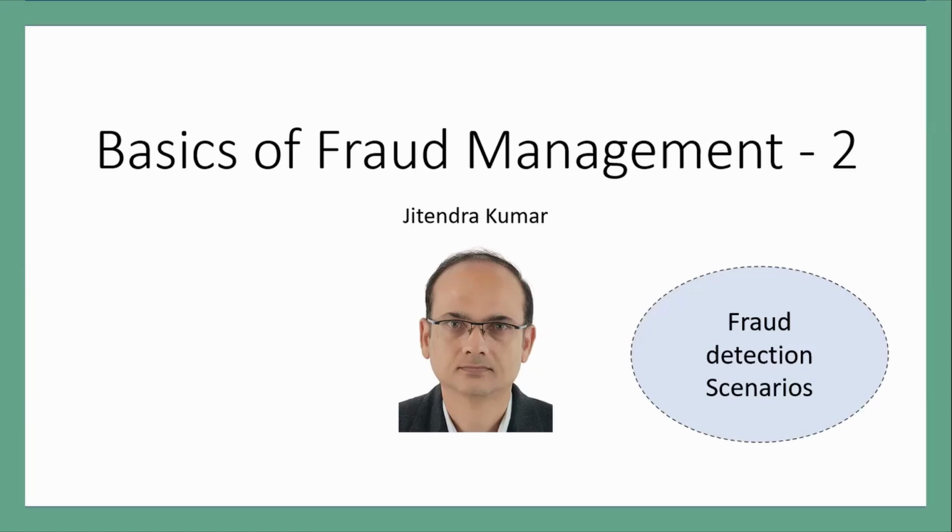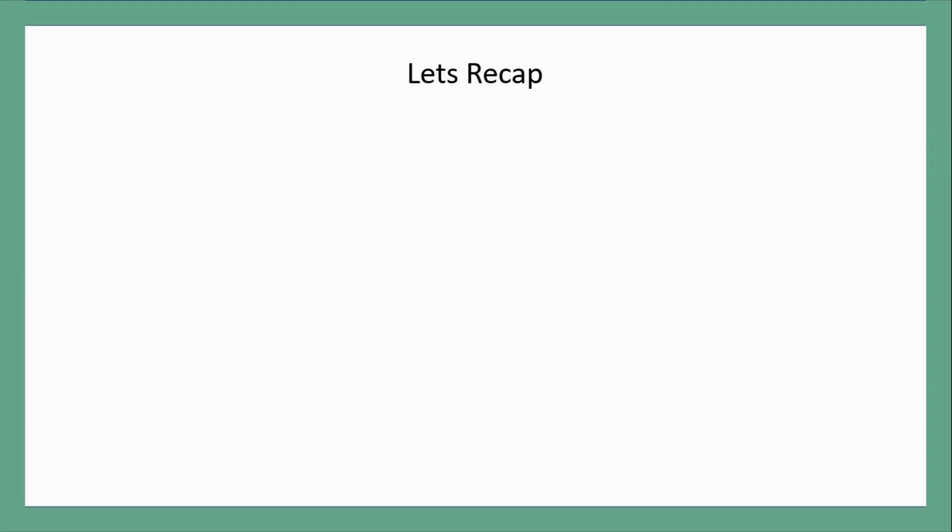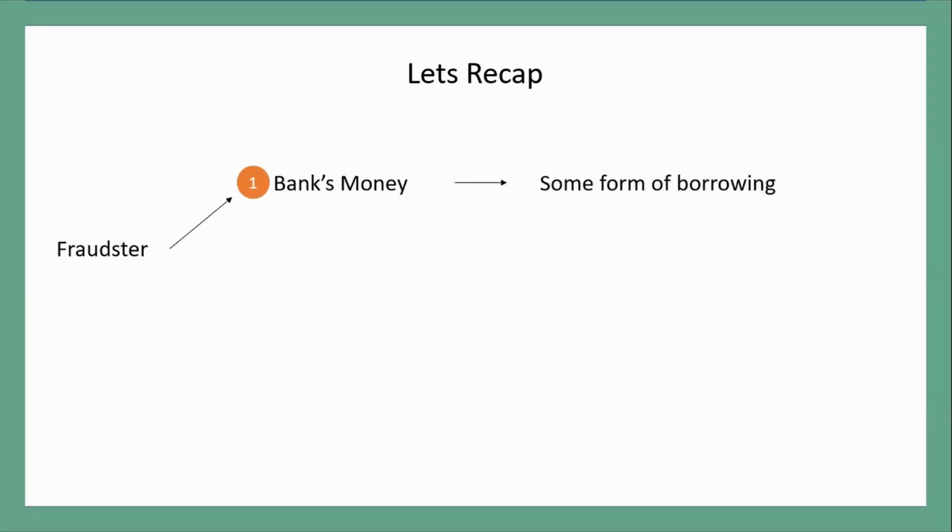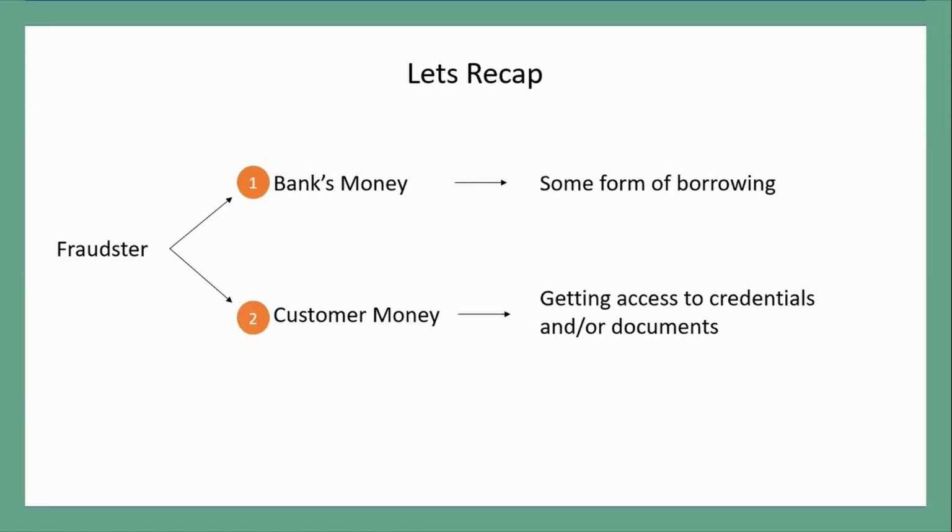So in this video, we will go through the fraud detection scenarios, mainly from a bank's fraud management solution perspective. So let's recap. A fraudster might be interested in defrauding the bank for the bank's money, and it normally happens in some kind of borrowing. Or a fraudster might be interested in stealing customers' money, and that requires getting access to the credential of the account and then transferring the money.